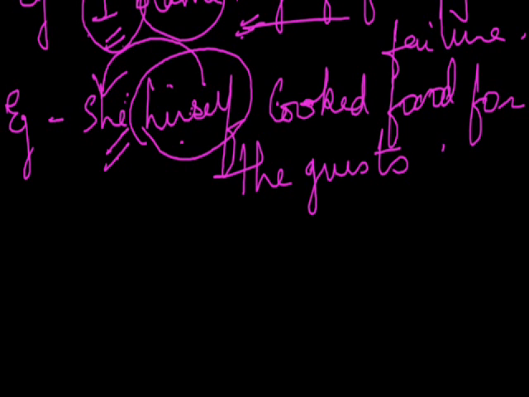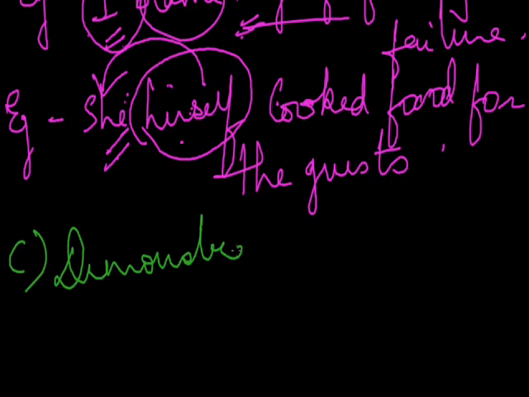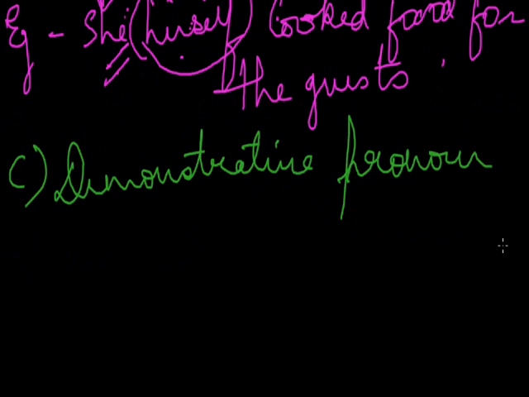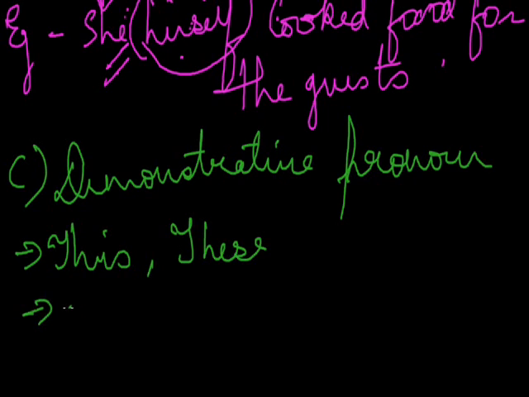Now, the third one is demonstrative pronoun. Demonstrative pronouns are used to point out the object or objects for which they are used. The demonstrative pronouns are this, these, that, and those.